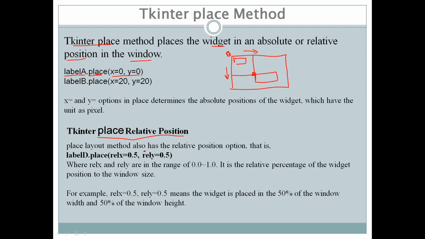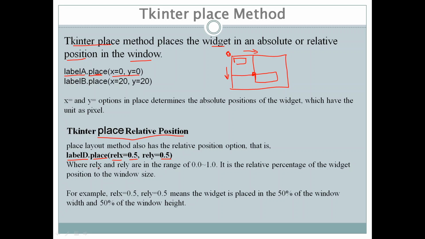The place layout method also has a relative position option. You can see here, if you want to place a label, label d dot place, instead of x we have to pass relx, that is relative x equals 0.5, and relative y equals 0.5. If you consider the total as 1, then 0.5 means half of it.